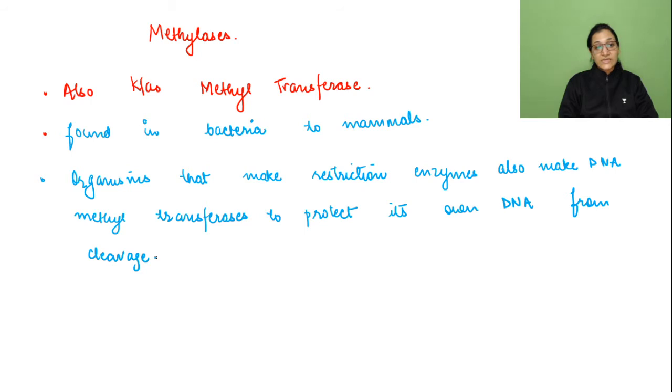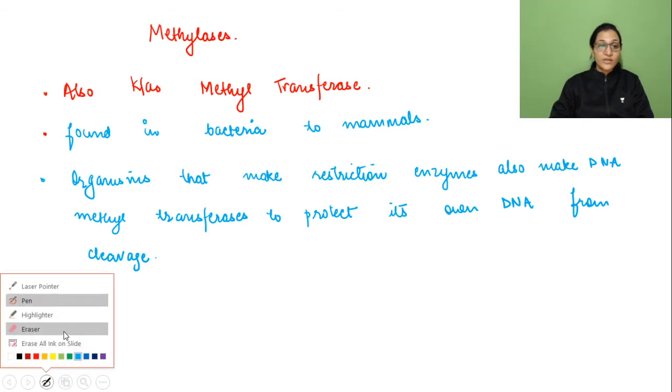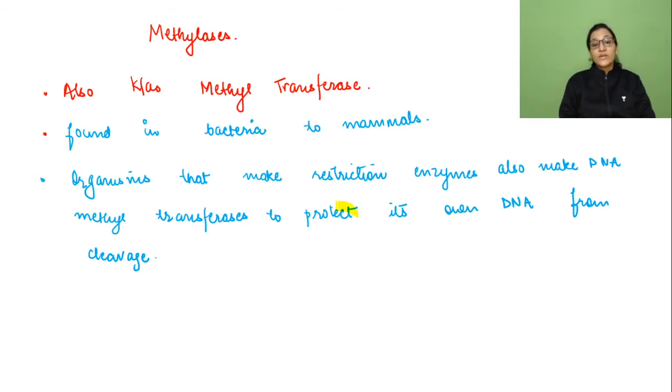So as we see the normal function, why the particular enzyme evolved in nature. Methylases evolved in nature to protect its own DNA from its own restriction enzyme. If the sequence for which the restriction enzyme is specific, that same sequence it has also got, right?